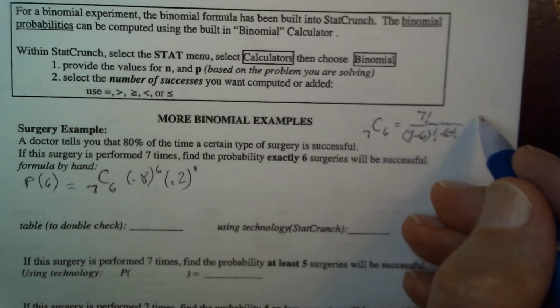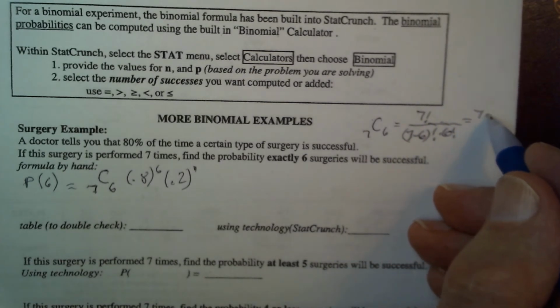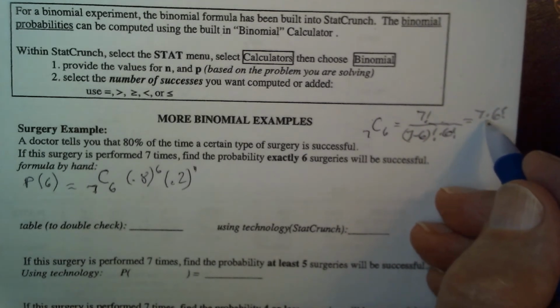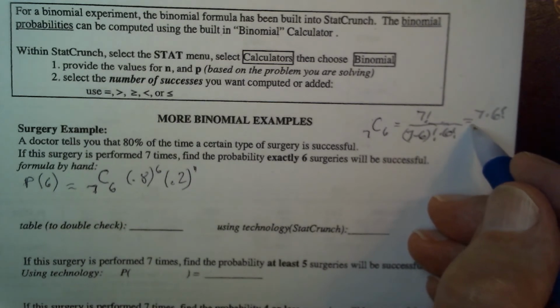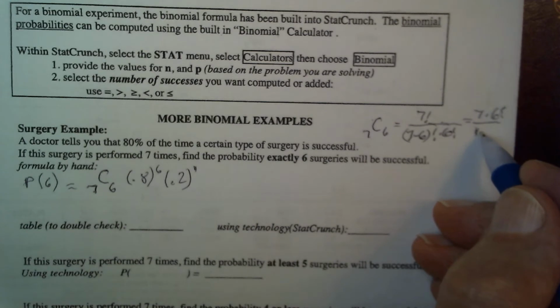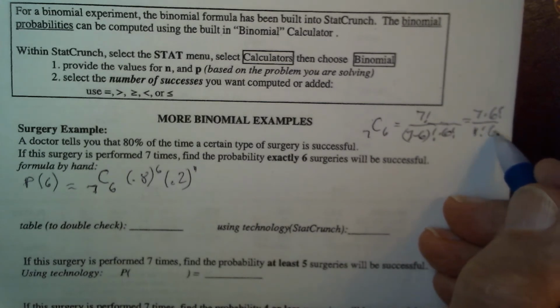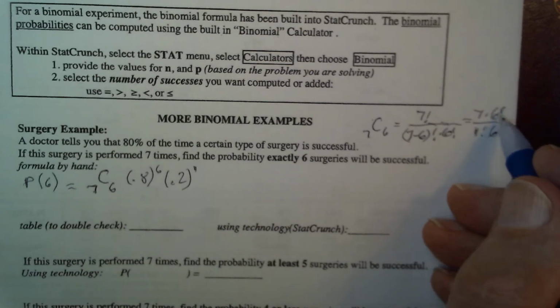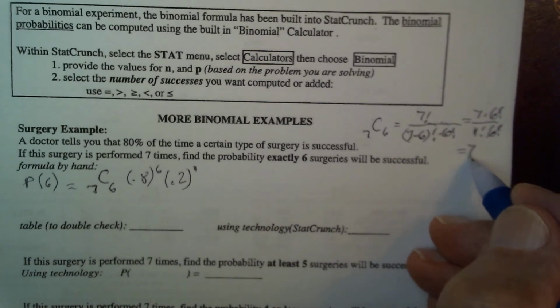So 7 factorial is 7 times 6 factorial, and in the denominator we have 7 minus 6, which is 1 factorial, which is 1, divided by 6 factorial. So we can cancel 6 factorials, so that is equal to 7.